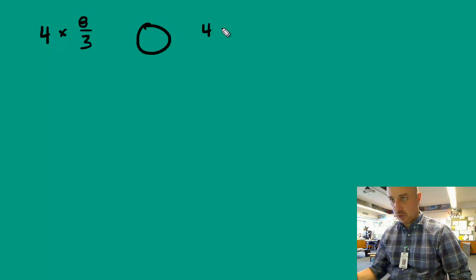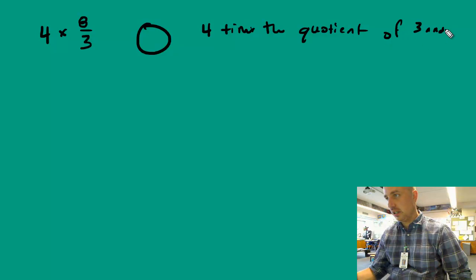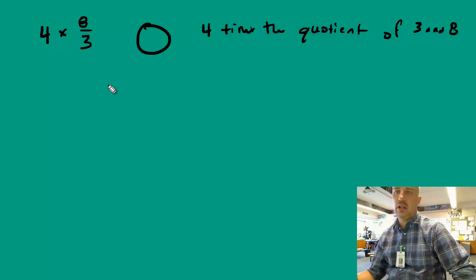Let's try another one. 4 times 8/3, and I have 4 times the quotient of 3 and 8. Now, this is 4 times 8 divided by 3, isn't it?